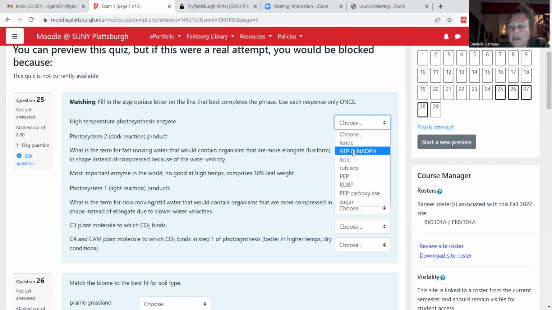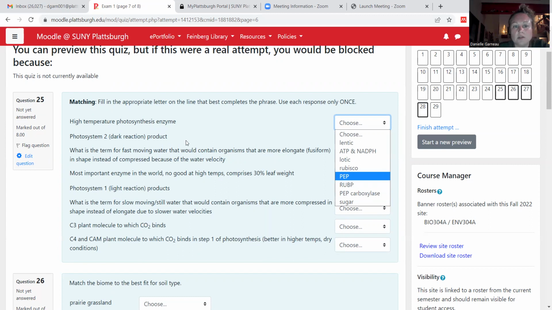ATP and NADPH are molecules associated with light reactions. We've got Rubisco, which we know is an enzyme. And then the other enzyme that we have is the PEP carboxylase. So we're talking about a high temperature enzyme. Remember, Rubisco didn't do so well in those high temperatures. So PEP carboxylase is the correct answer here.